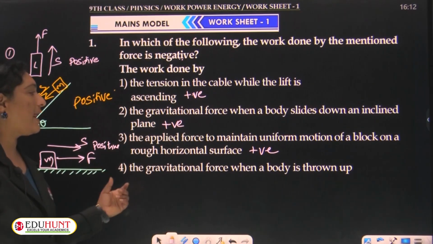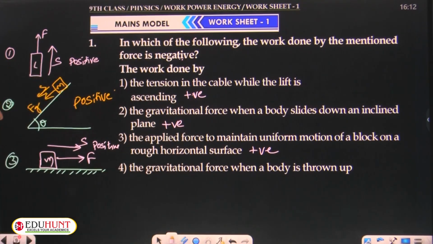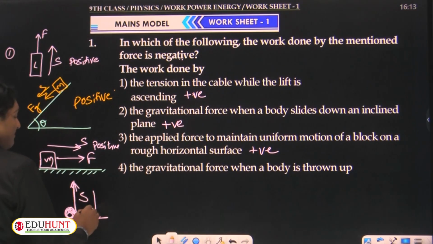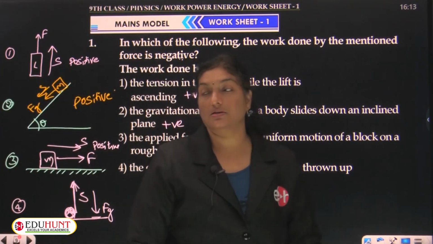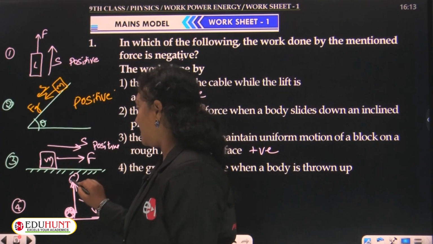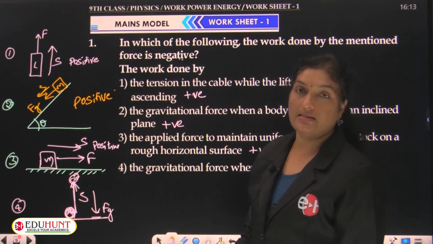Now the last one, the gravitational force when a body is thrown up. Let us suppose this is the ground and a body is thrown upwards, so the body is moving upwards. But the gravitational force acts downwards.